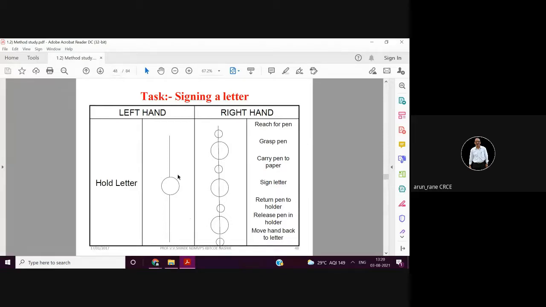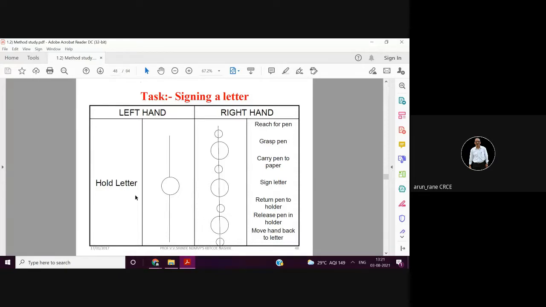So you are holding the letter by the left hand. Then what are the right hand's activities? Look, we are assuming here the person is right handed, so he reaches to the pen. Reach means his hand, he is not walking, right; your hand has to be taken to the pen. Then you grab the pen, then you have to bring the pen to the paper where you have to sign, then sign, then take the pen back to the holder, release it there, and then again move the hand back to the letter.